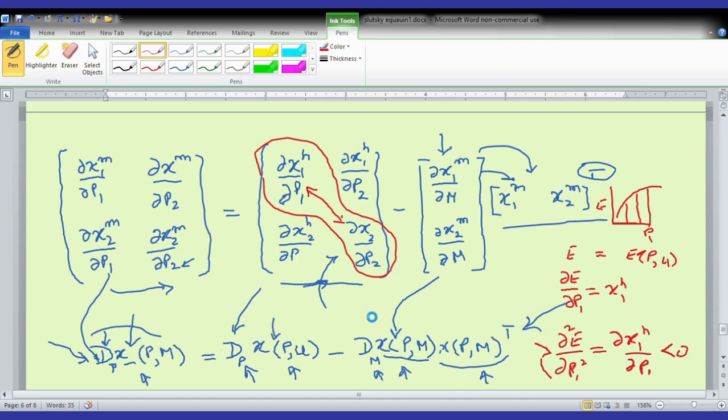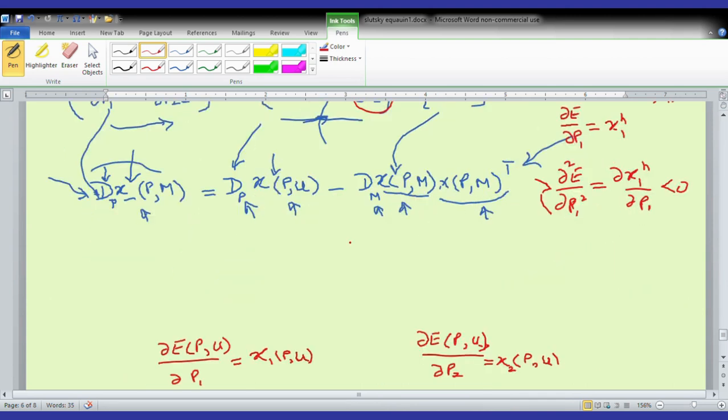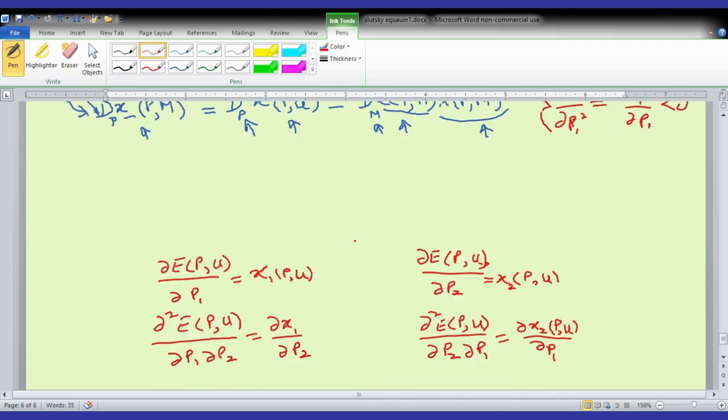Now, as far as the cross substitution effects are concerned, we say that cross substitution effects are symmetric, and by this we mean that if we take the partial derivatives of the expenditure function with respect to price, we get the Hicksian demand functions.